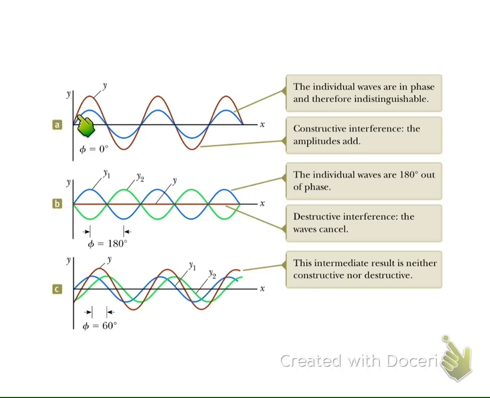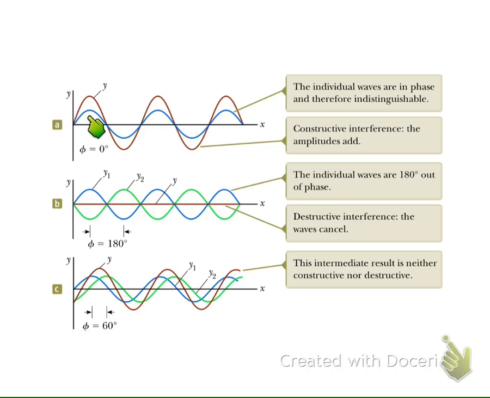So if you take a snapshot of those two waves, they will be indistinguishable. The oscillation of the medium of each wave will be identical, and you will see only one curve for those two waves.